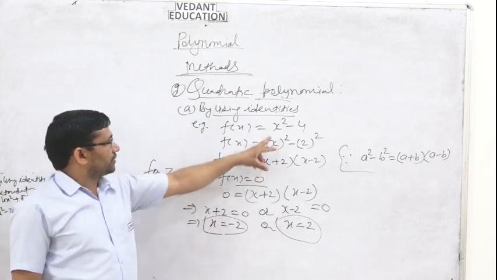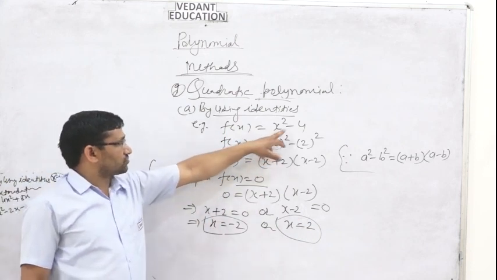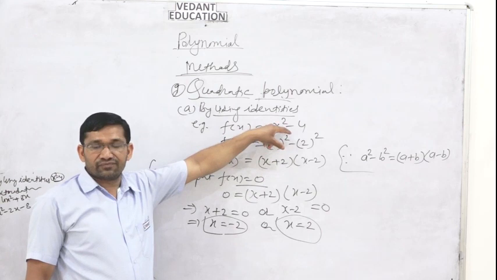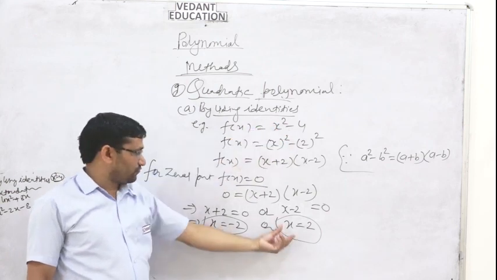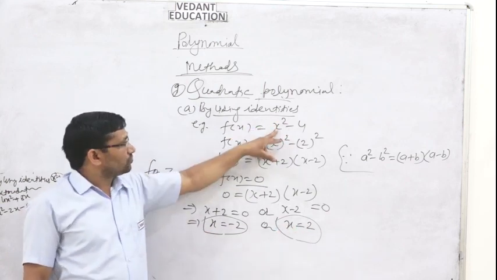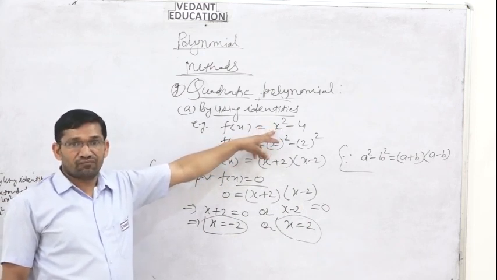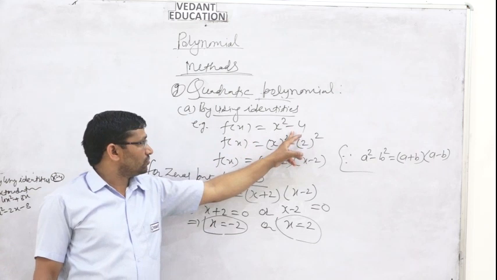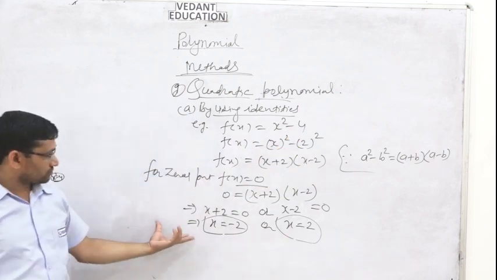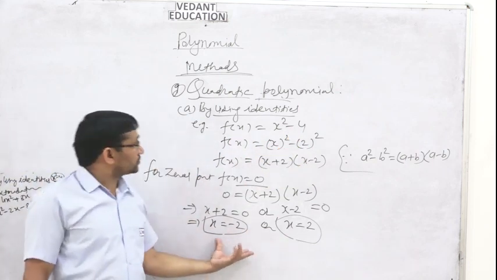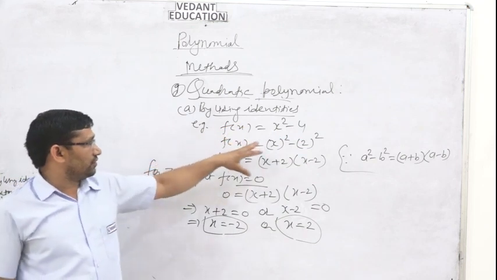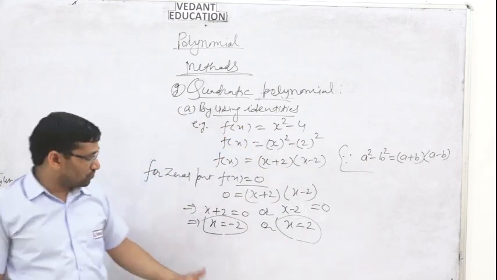Because if we put x is equal to minus 2, then minus 2 square is 4, 4 minus 4 is 0. If we put x is equal to 2, that is 2 square, again 4 minus 4 is 0. So for both values, the value of this polynomial is 0.